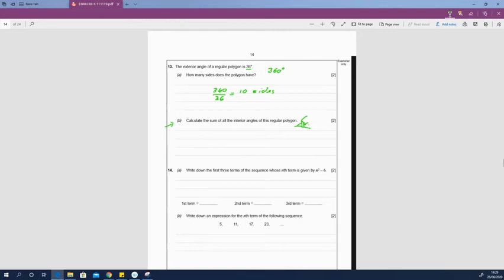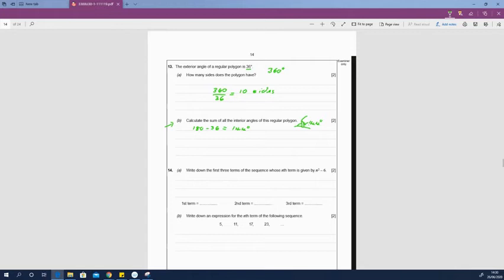So the interior angle of this 10-sided polygon is 180 less 36, because we were told that the exterior angle is 36. 180 less 36 is 144 degrees. So each of these internal angles is 144 degrees.